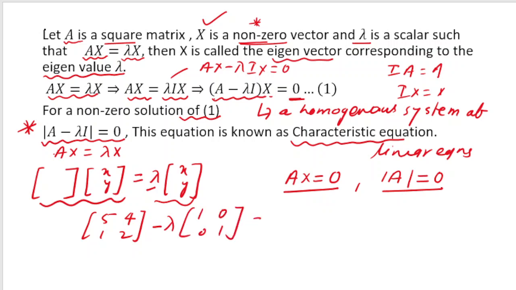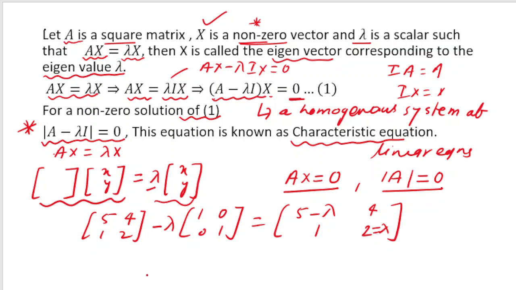So this will become 5 minus lambda, 4, 1, and 2 minus lambda. We just subtracted lambda from the main diagonal. I could directly do it, but I was doing it so that you understand things better. Now this is our A minus lambda I.